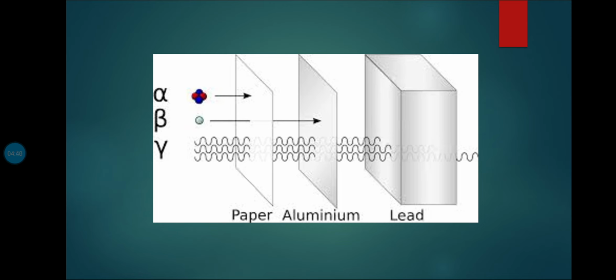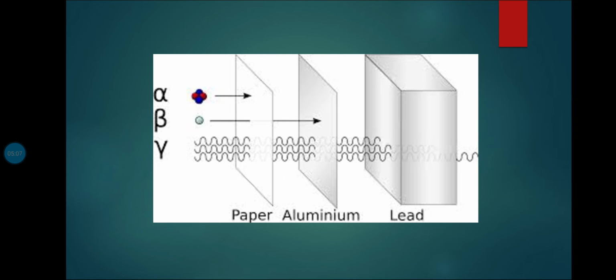Here it is shown pictorially the penetrating power of alpha rays, beta rays, and gamma rays. The alpha rays can penetrate only through paper, whereas the beta rays can penetrate through paper and through aluminum sheet or foil.